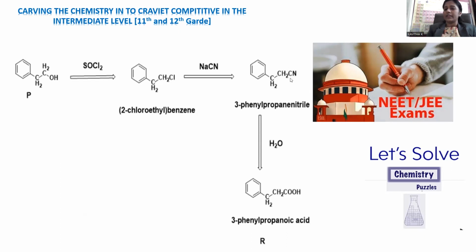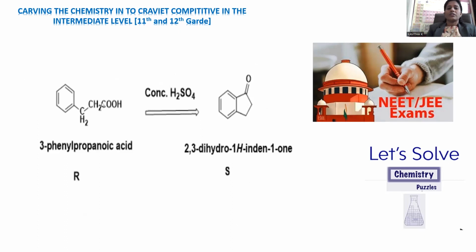Cyano or nitrile, on hydrolysis, always gives carboxylic acid as the final product, so we will get the acid. That carboxylic acid is finally treated with the dehydrating agent, removal of water takes place, and subsequently a cyclization ring closure reaction is carried out, also called a fusion reaction, so that we will get the ketonic functional group over here.